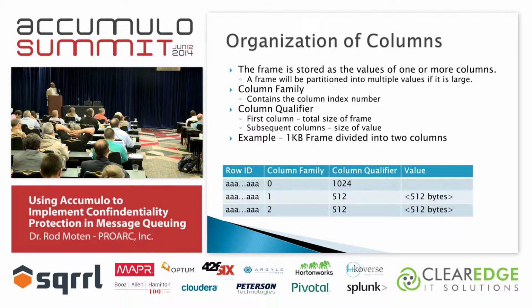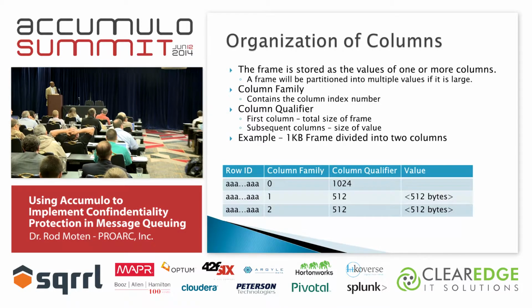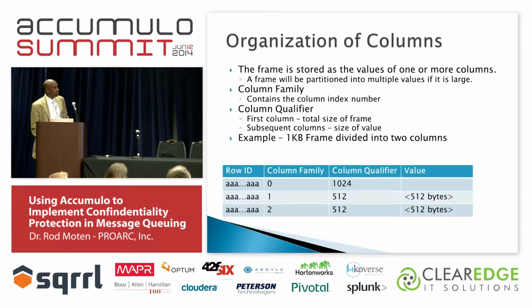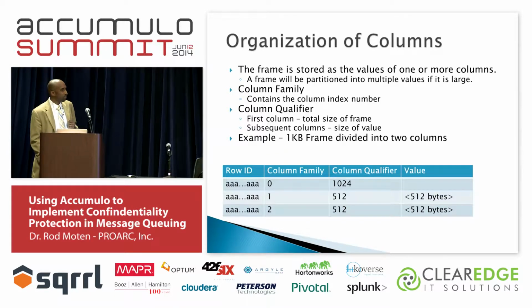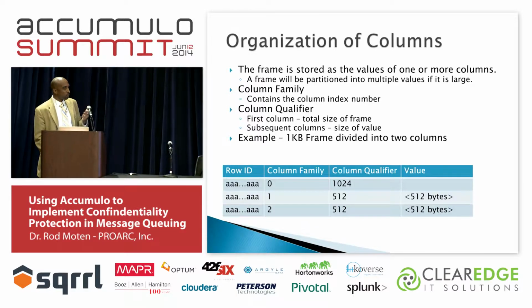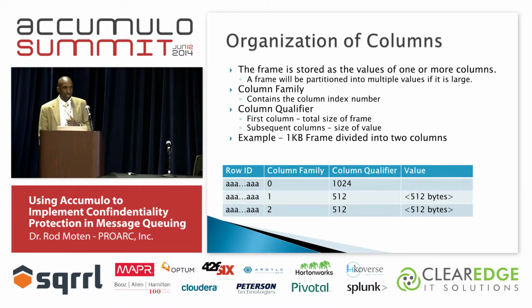The first column tells you how big the entire frame is, and the other columns each have a portion of that frame. The column qualifier for the first column is the total size of the frame, so you'll know exactly how much to get. And then when you read a second column, you may not be able to get all the columns at once, because we didn't fix the frame size.